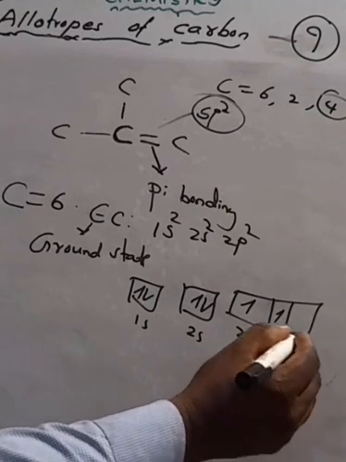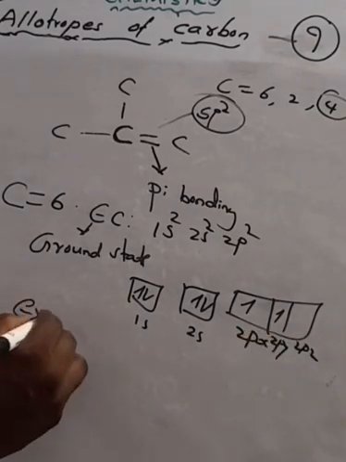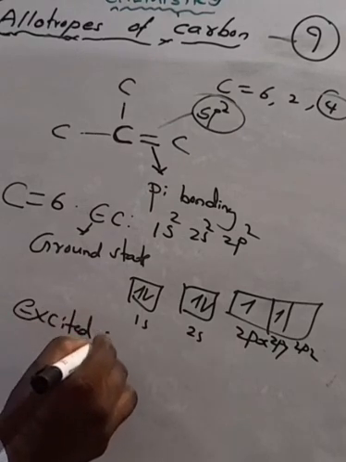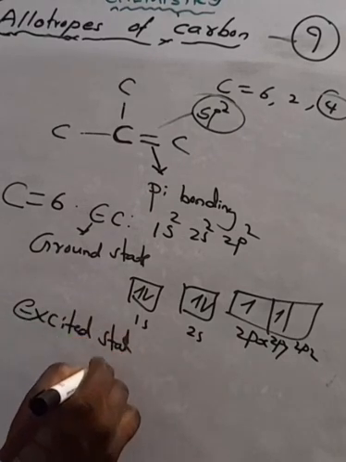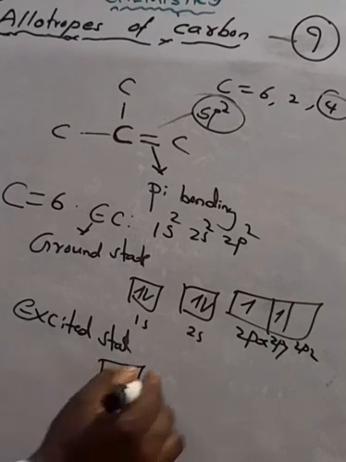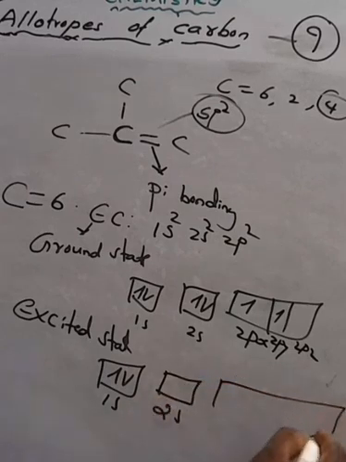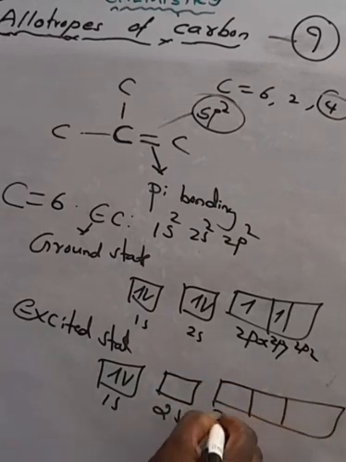So what about the excited state? 1s is stable, we cannot take an electron from it. About the 2s, next you have to draw 2p: 2px, 2py, 2pz.